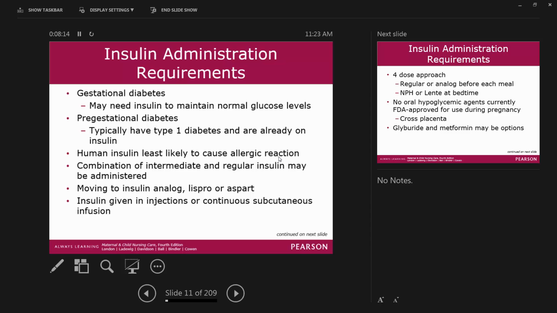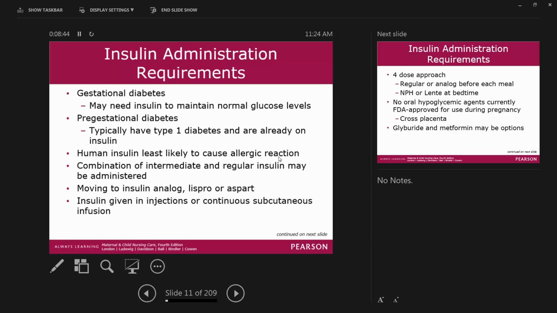Usually gestational diabetes can be diet controlled. However, they may need insulin, and depending on whether they have the intermediate, regular, or combination, they usually get referred to a diabetic specialist to have their insulins regulated.